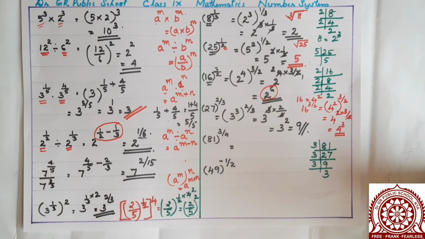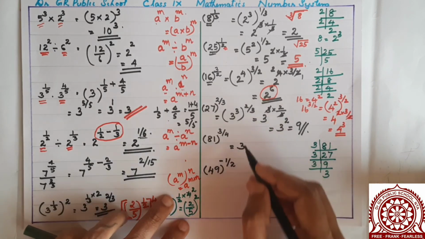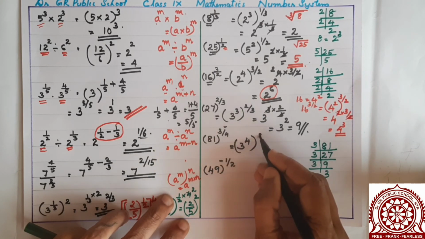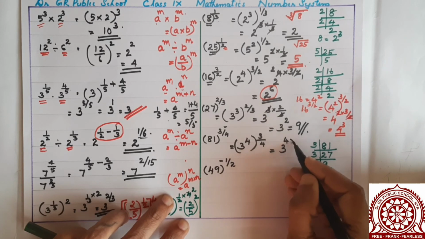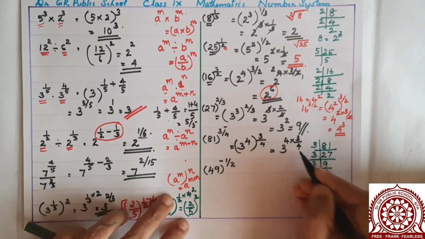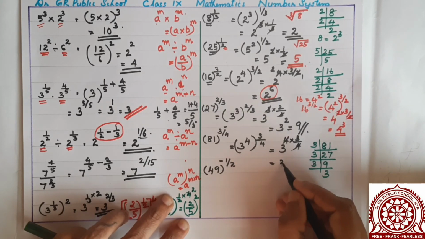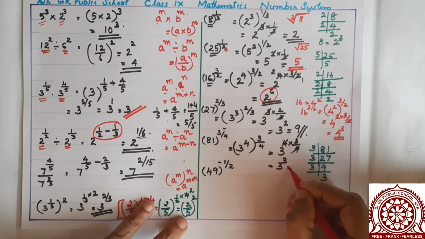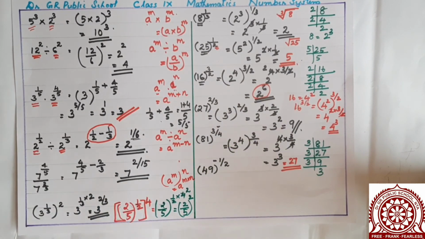So how can we write 81? It is 3 raised to 4. The whole raised to what we have? 3 by 4. It is 3 raised to 4 multiplied by 3 by 4. 4, 4 we can cancel. So 3 raised to 3. What is the answer? Answer is 27. Okay children. Now next one.